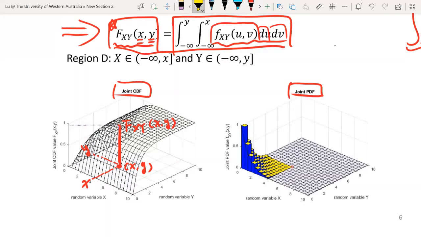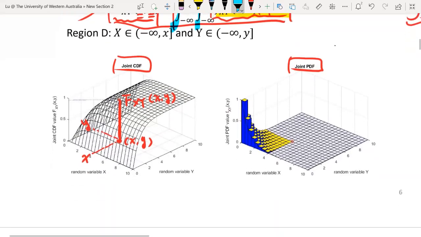So this term here is telling us the volume of a single small column at the point defined by u and v. And then by conducting the double integration, we are considering all the columns from negative infinity up to x and from negative infinity up to y.